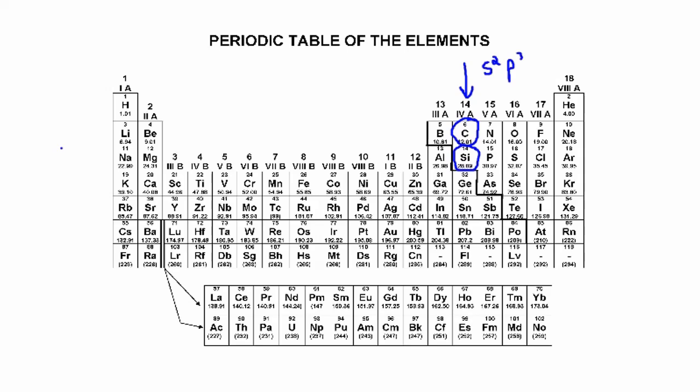So that means anything in this column is going to have one lone pair of electrons and 2 unpaired electrons, meaning they can form 2 bonds.